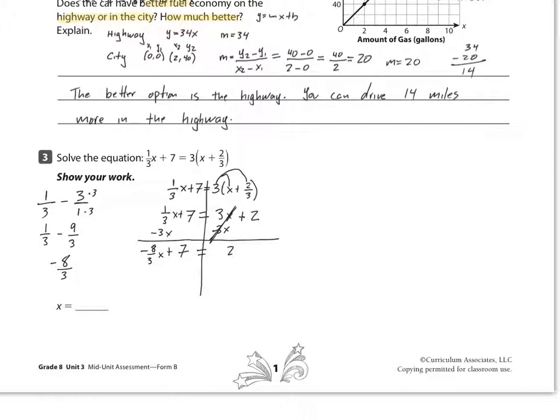Now I want to box my variable. I want to highlight the terms next to the variable only. Okay? Now I want to subtract 7 from both sides.